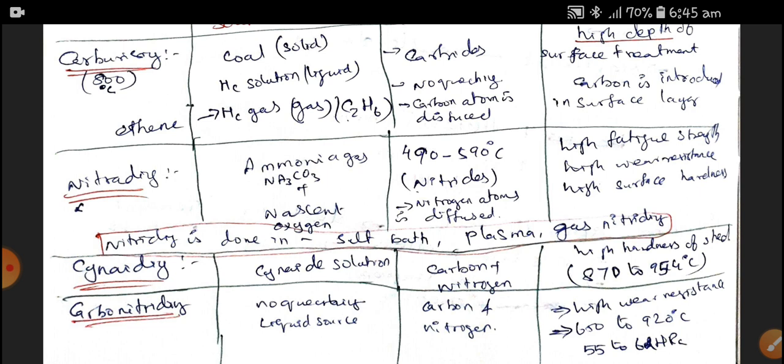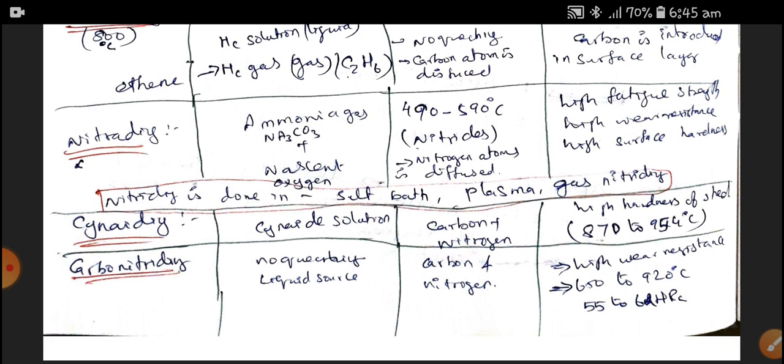Therefore, carbon plus nitrogen atoms are diffused in the surface. Therefore, it will produce very high hardness of the steel. This hardness can withstand up to 870 to 954 degrees Celsius. So that is the advantage of cyaniding.